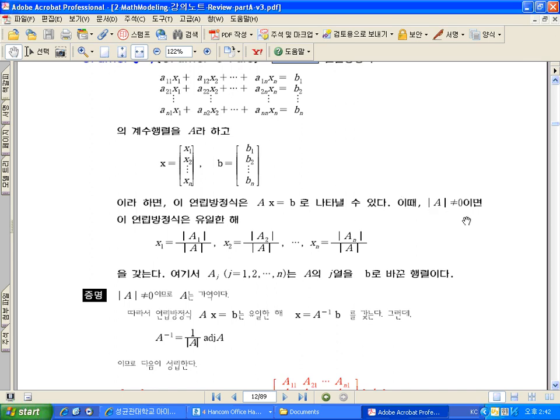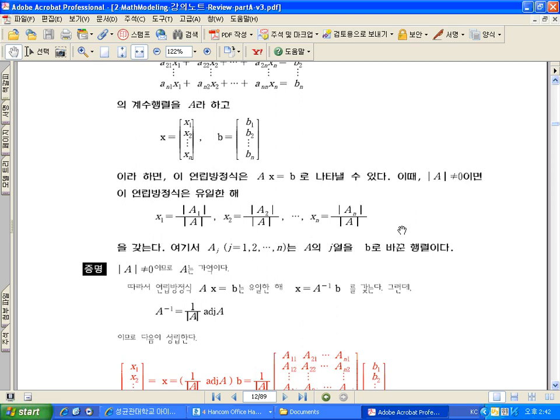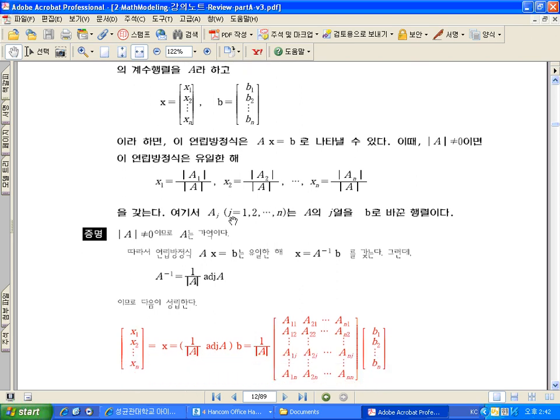If the determinant of A is not 0, then this system has a unique solution, where each xj is the determinant of this Aj over the determinant of A. This Aj is a matrix that can be obtained from A by replacing the jth column by the vector b.